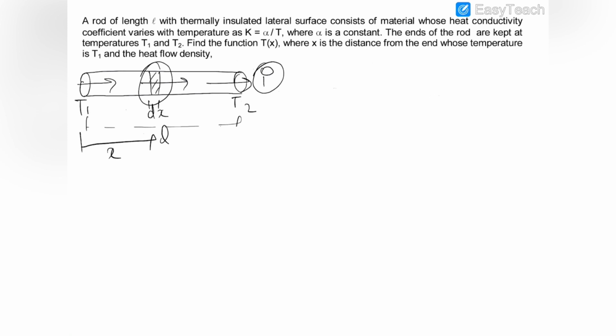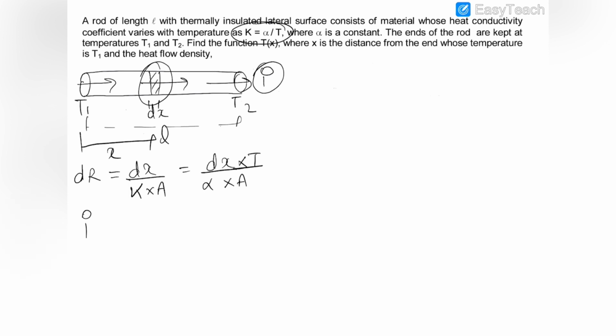The resistance of this small element of the rod will be L by KA, where L is its length measured in the direction of heat flow. So its length is dx, so dx by K, which is the thermal conductivity, and A is the cross section area. So this is dx by K, which is alpha by T, divided by area. This is the resistance.